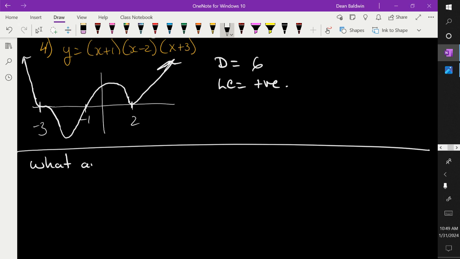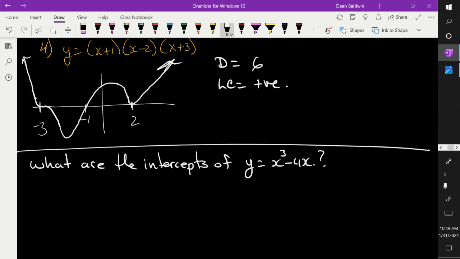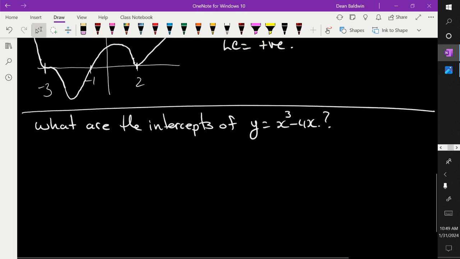I want the x and y intercepts of y is equal to x cubed minus 4x. So, what's the easier one to do, x or y?